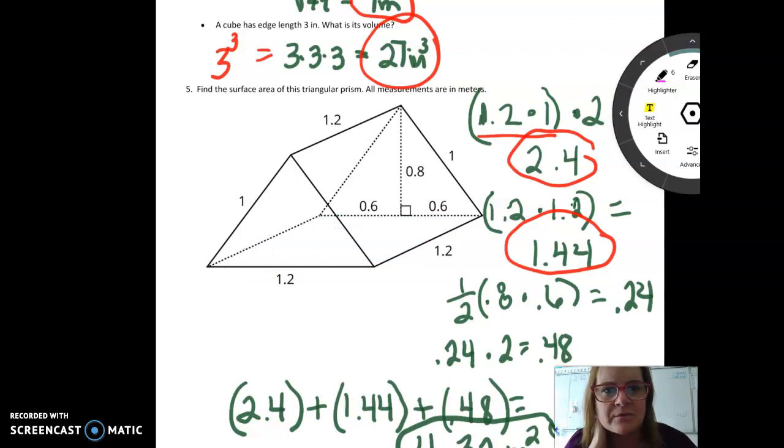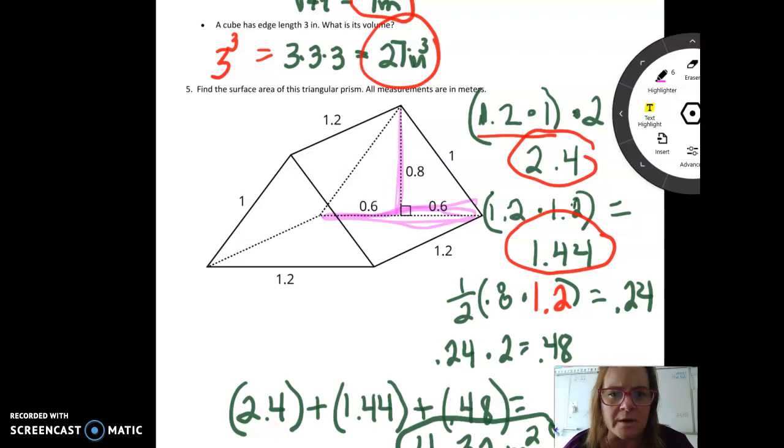Each of the triangular bases is half of the base times the height. So I'm going to do a half of, oh, I did the wrong base, you guys. Do you see that? I'm so glad I caught that. All right, so I'm going to have to do a half of the base. A half of the base is 1 and 2/10 times the height, which is 8/10.